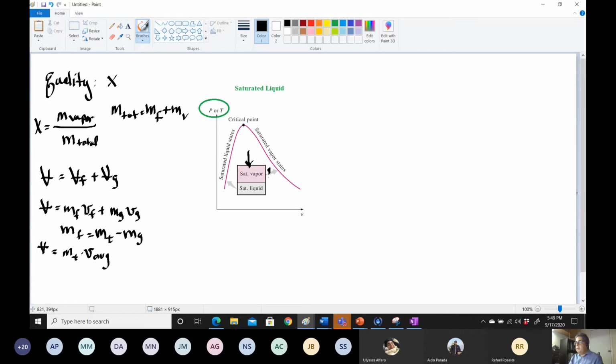But inside here, there is an average, right? And we call that specific volume average. And that's what this is giving us right here. You can stratify that. You can actually break it up into VF and VG here, but it's an average, because it really doesn't always separate like this. And even if it didn't, we need an average of the tank. So we call that total volume is equal to the total mass times the average.